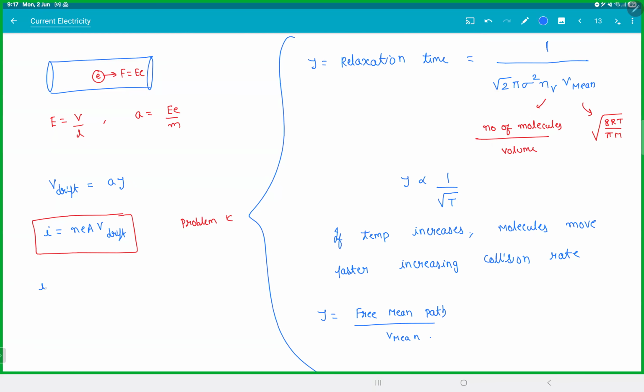We get I is equal to N E A, V drift is a tau, a is nothing but E E by M tau. We get I is equal to N E square A tau by M into E. Any doubt so far?